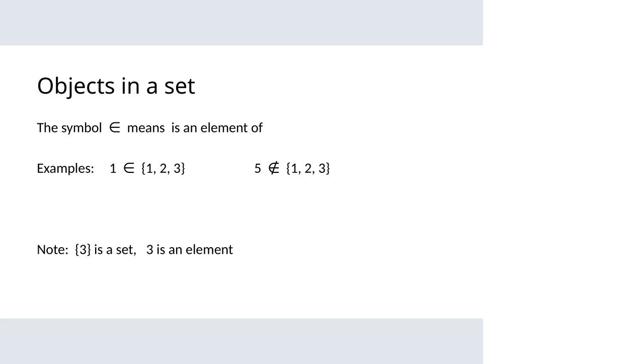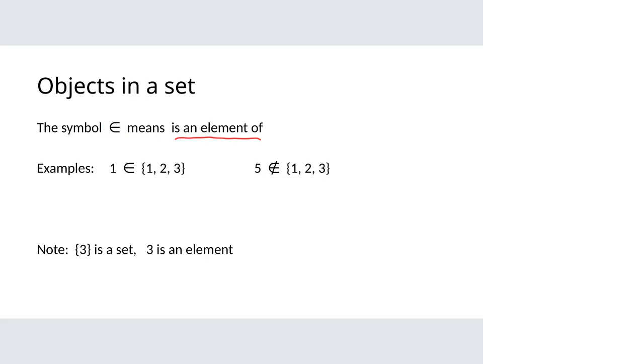Talking about the objects in a set and another symbol for us, we can see that we have a set here because it's written in roster form. It has braces on the edges. This symbol kind of looks like an E, and means "is an element of."